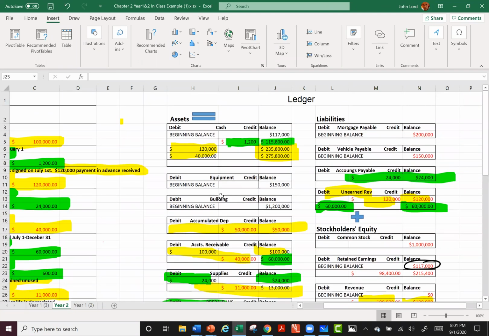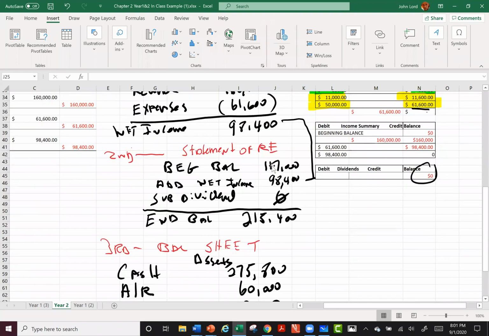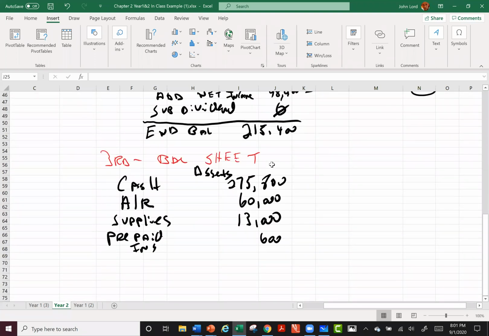Any more assets? Let's see. I've got equipment and I've got building, don't I? So first, I'm going to write in my equipment, which we said was 150,000.